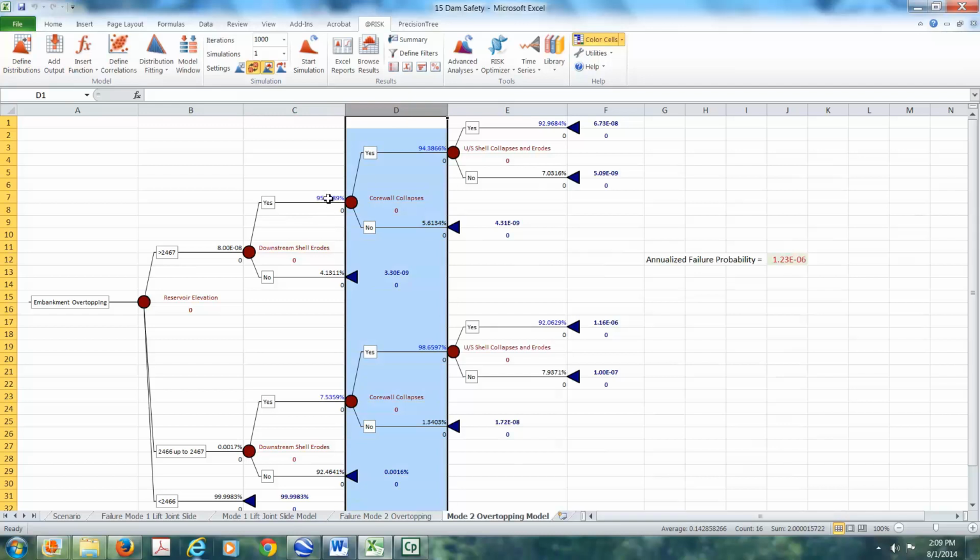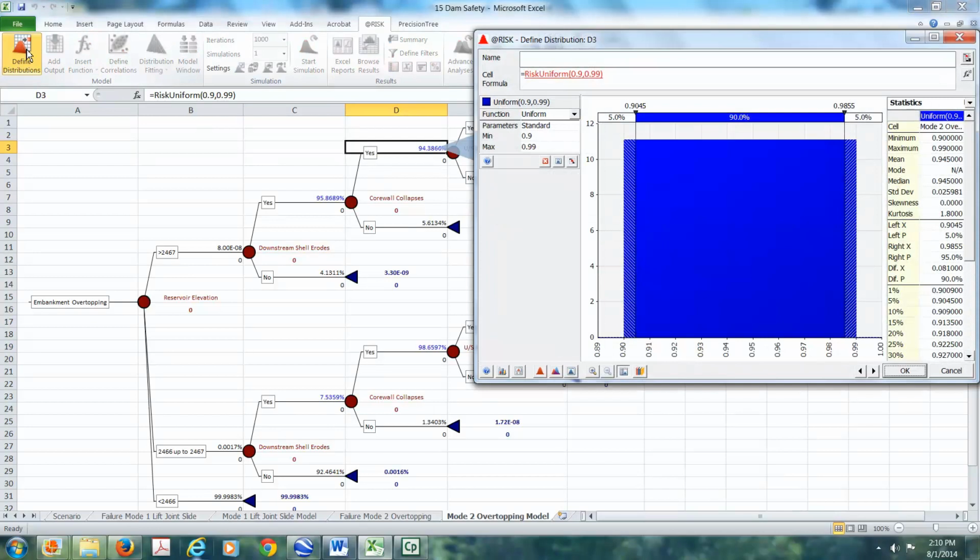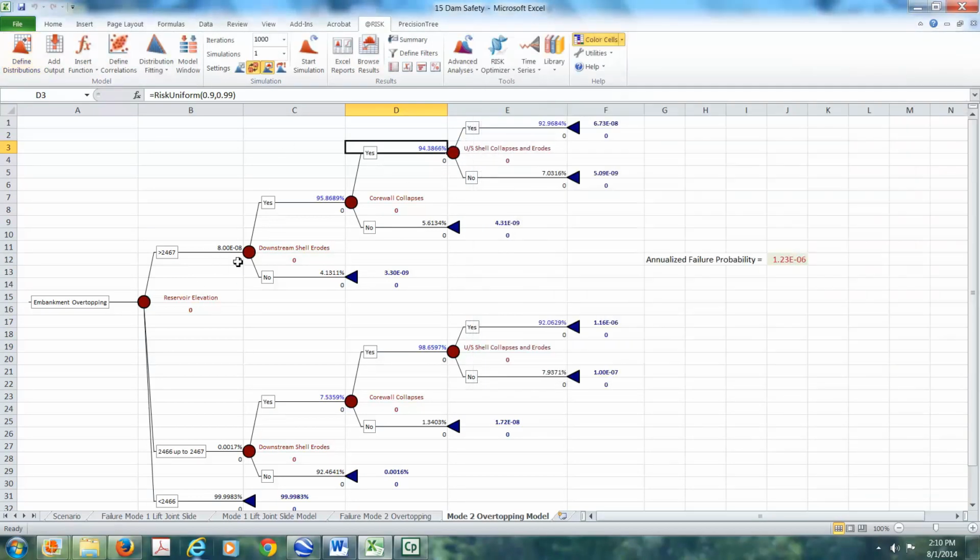Once we know that the shell has eroded, however, these probabilities do not change. The probability that the core wall will collapse is between 90 and 99%, regardless of what the initiating flow was. At this point, these values only depend on this value here. And by the way, you'll notice that these numbers are different.